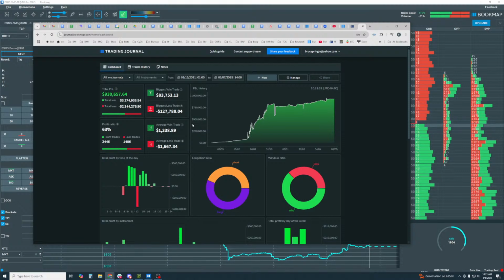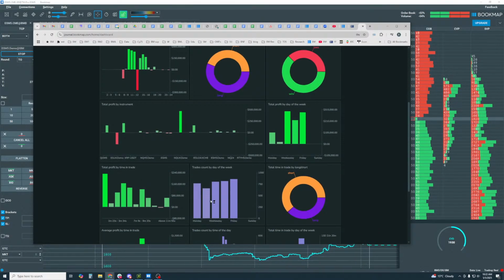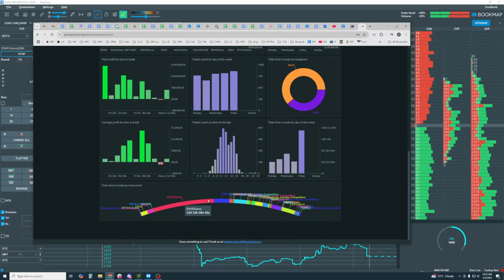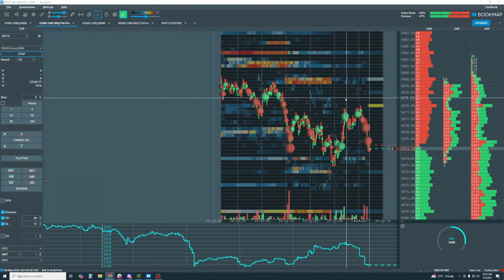You get how much you're up by, your biggest loser, your biggest winner, your average loser, average winner. You can see your P&L curve. You've got all sorts of data and metrics in here as well, and you can see the number of instruments that you're trading. Some really good stuff there.